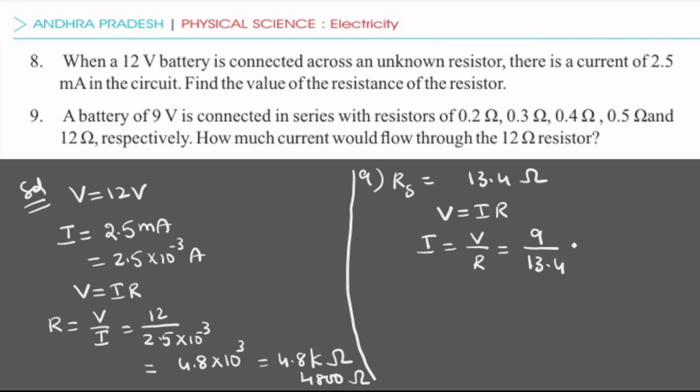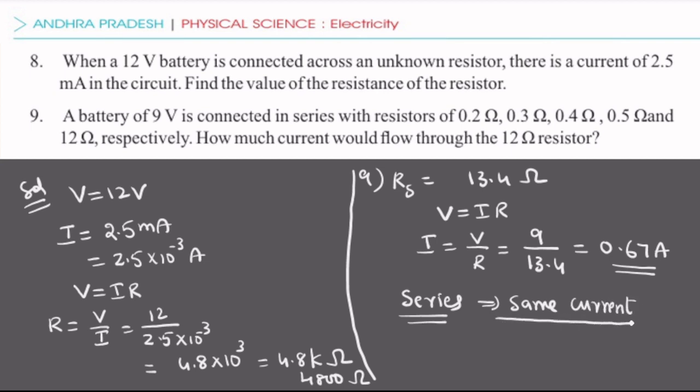If you take the ratio 9 by 13.4, you get 0.67 amperes. So this is the total current in the circuit. As we know, when resistances are connected in series, the same current will flow in the circuit as there is only one path for the flow of charges.